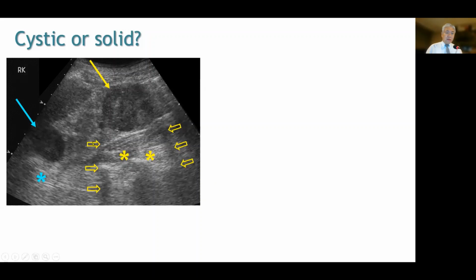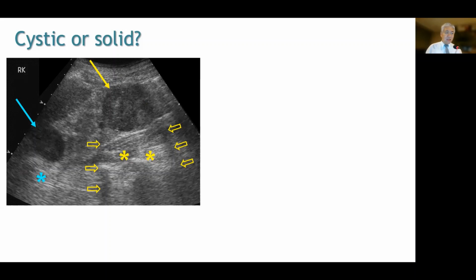Here are two masses in the same kidney. This blue arrowed, well-marginated round mass with posterior sonic enhancement is probably a cyst. This yellow arrow, the bigger mass, is also round and well-marginated, and also has posterior sonic enhancement and edge shadowing, and has slightly heterogeneous internal echoes, and we need further characterization.